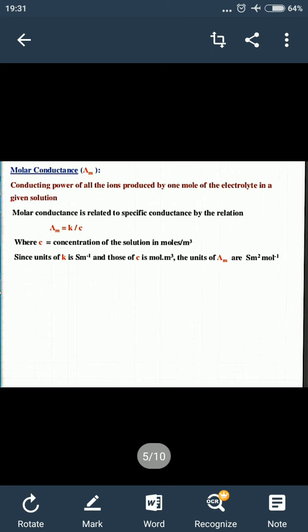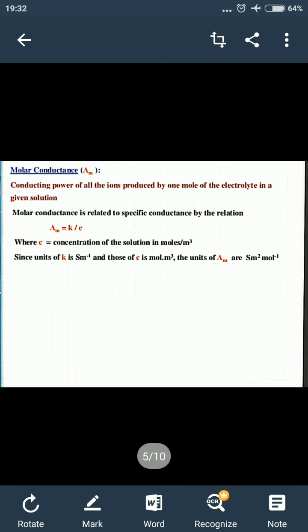Or if we talk about equivalent conductance, lambda equivalent is equal to kappa upon c, where c is the concentration of solution in moles per meter cube, or equivalent per meter cube. The unit of specific conductance is Siemens meter inverse, and that of concentration is mole meter cube.